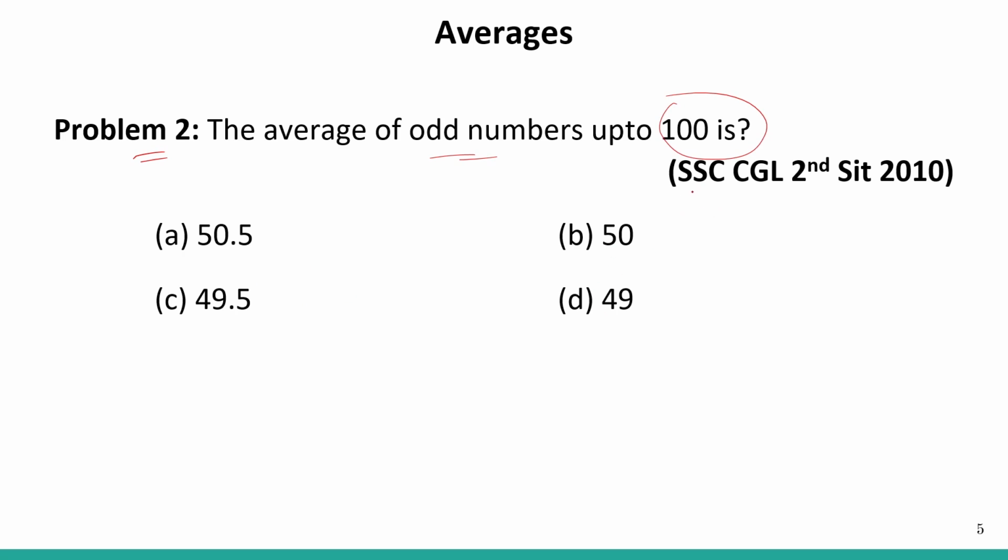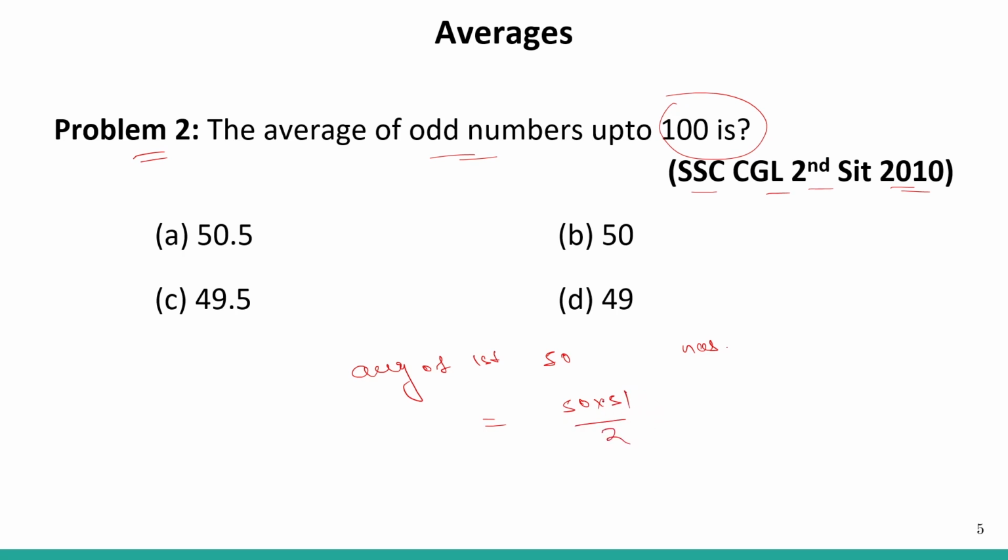This question has been asked in the SSC CGL second sitting 2010 paper. So what we can do from here is, we know the sum of the first 50 natural numbers is equal to 50 into 51 by 2.